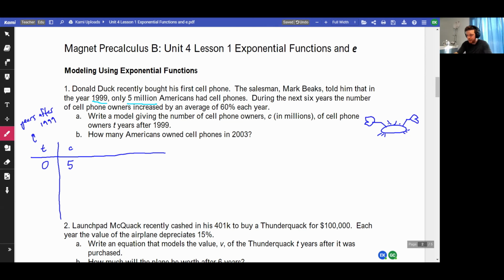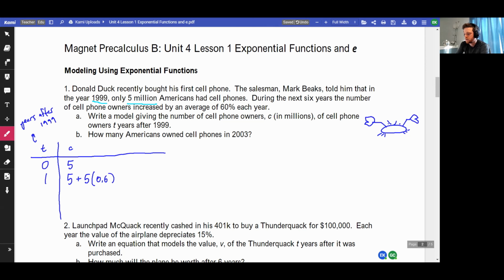All right. 1 year later, on average, and this is all just speculation, there's a 60% increase. So our initial amount is 5, and we are increasing 60%. So what is that? 5 times 0.6? Yeah, because it's 60% of the previous year. And with that said, let's simplify this.